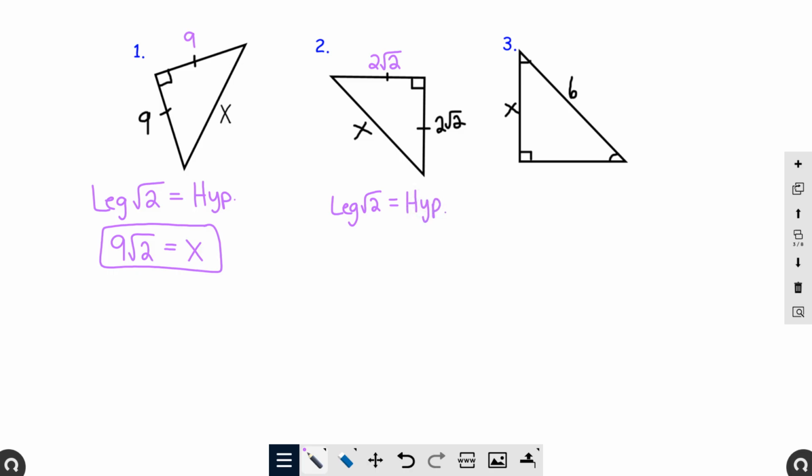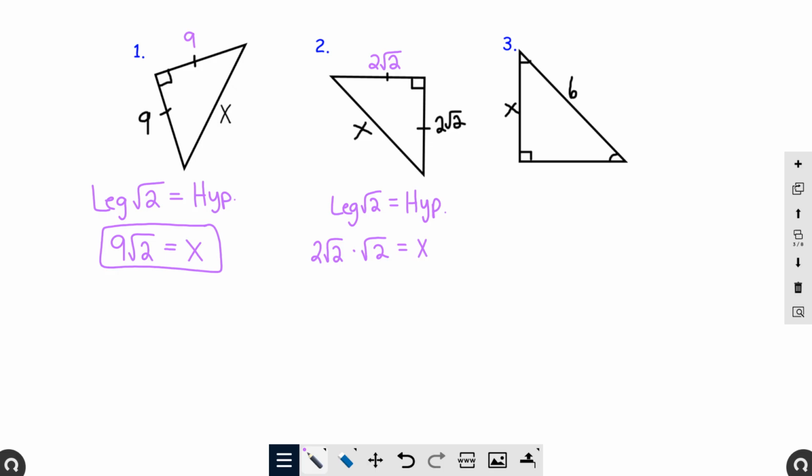Remember, the more times you write it, the more often you are to remember it. So what is my leg?